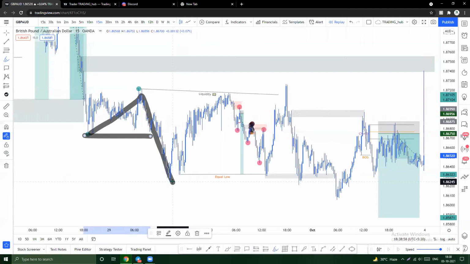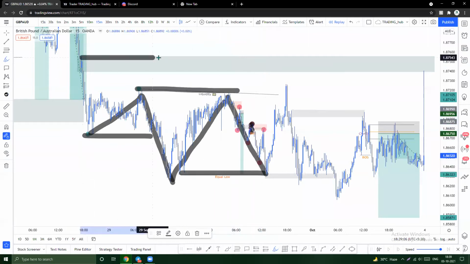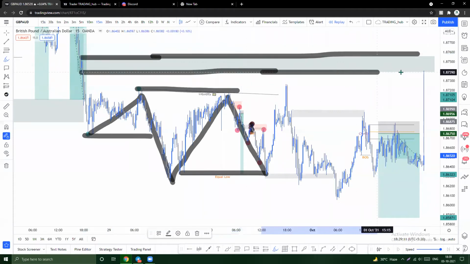The market again broke this structure and pushed to the upside, and did not take this high, and again pushed to the downside and created an equal low, and this was a bearish order block at this point right here.